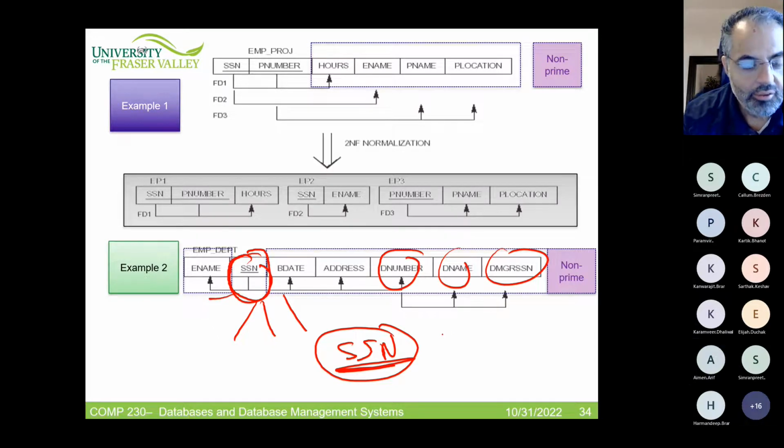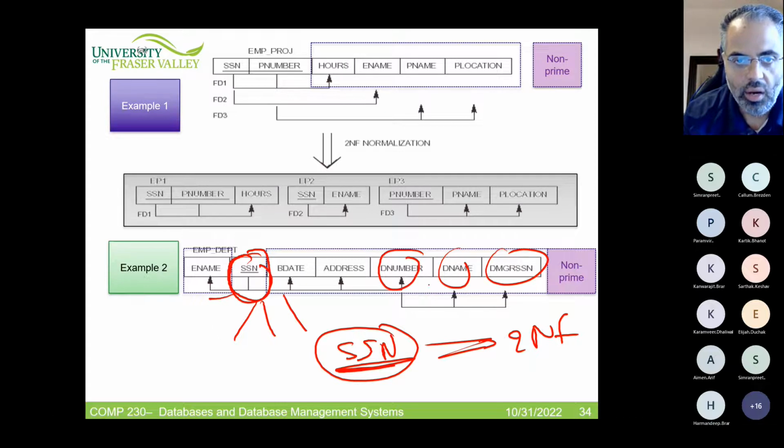Yeah. So if the primary key is only one attribute, then it is by default in second normal form. We don't need to look for the functional dependencies, because it will never violate the concept of second normalization, since that concept concerns the case where we have several attributes in the primary key.